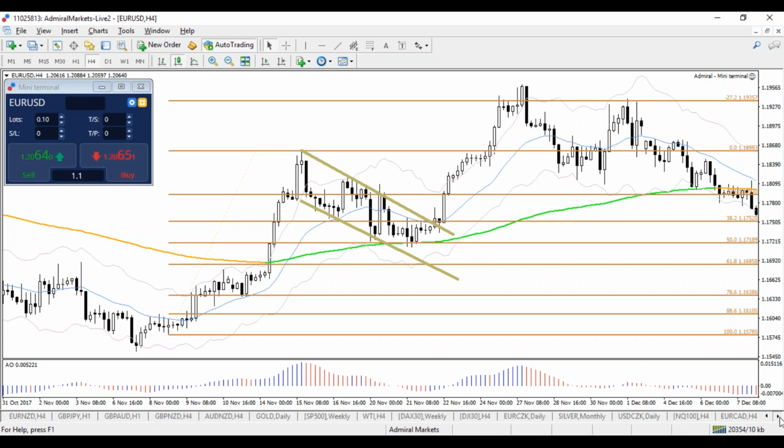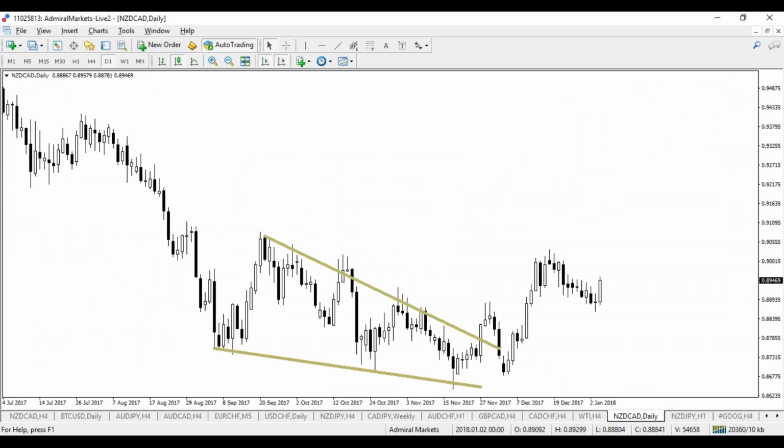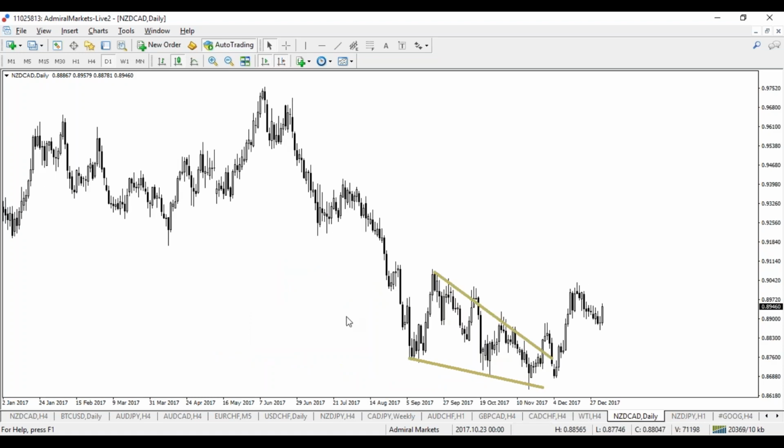We can take a look at New Zealand CAD, no problem. There we go. Yes, upside looks good indeed. I agree. I was analyzing this one today, and it does look like a bull flag.